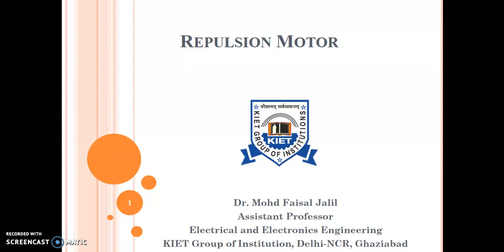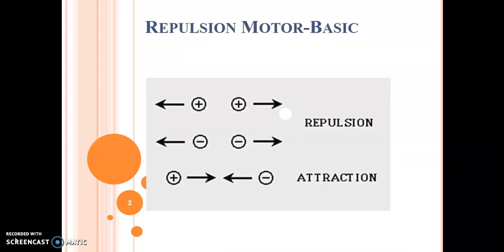I am here with my brand new video on Repulsion Motors. We all know the principle of repulsion, that is, when like charges or poles are brought close to each other, then there exists a repulsive force, or when unlike charges or poles are brought close to each other, then there exists an attractive force between them.